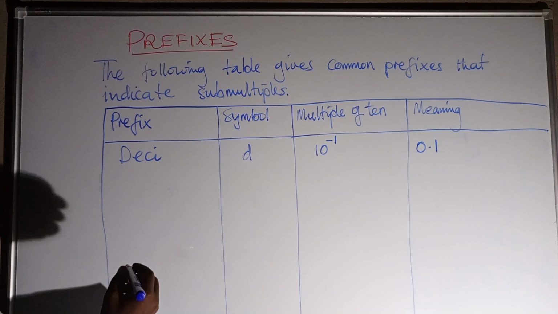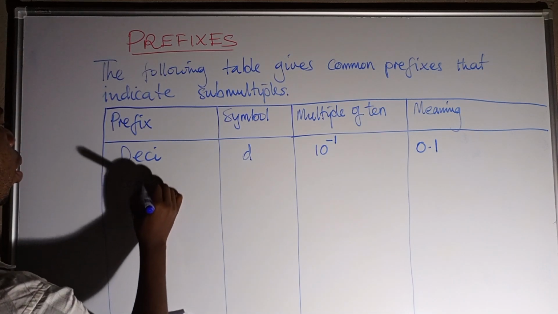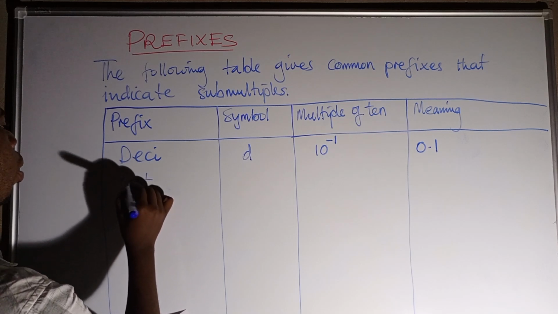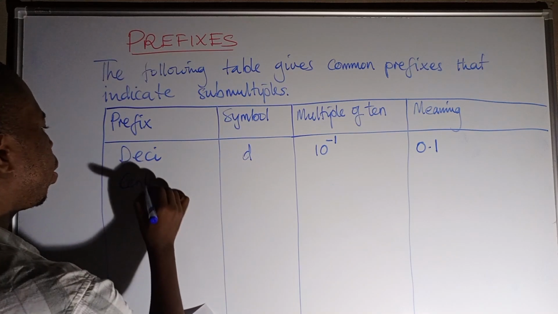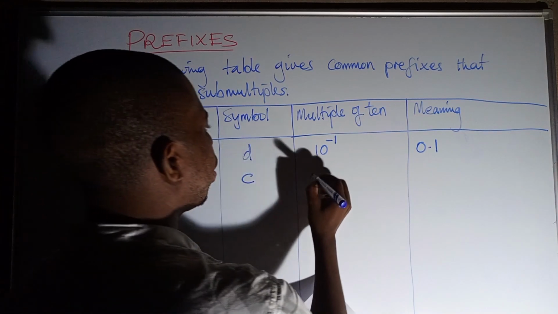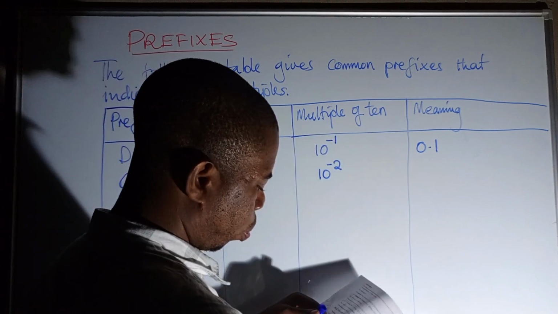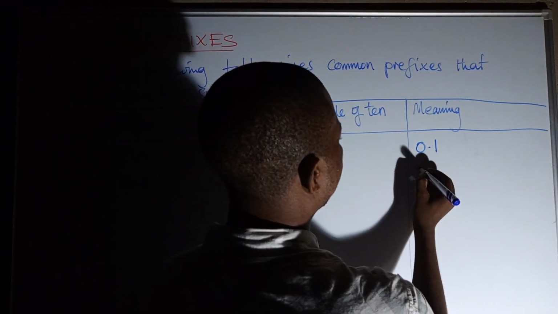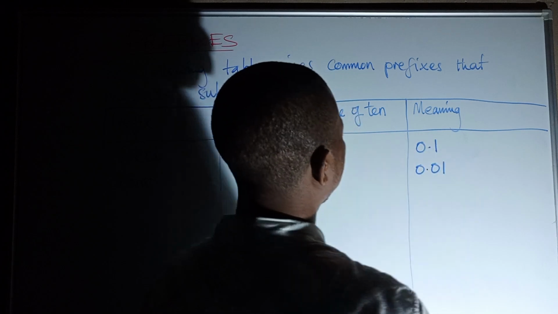The other one is centi, represented by small letter c, which is 10 to the power negative 2, which simply means 0.01.